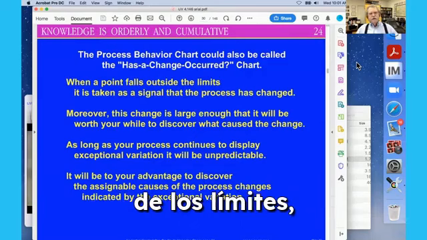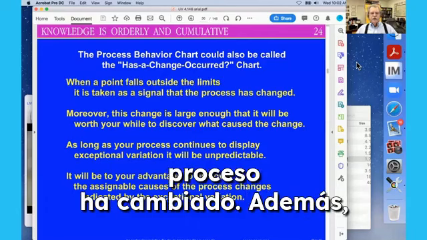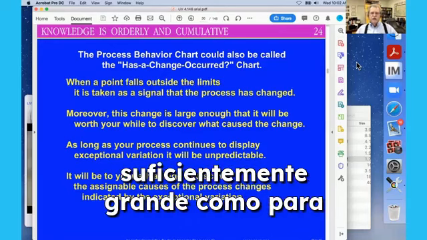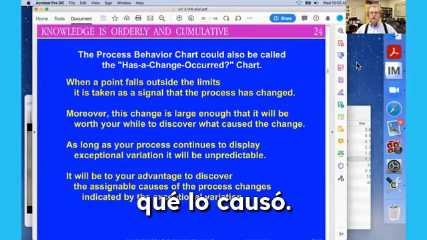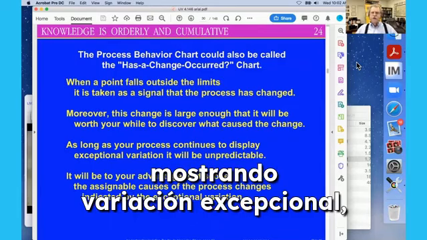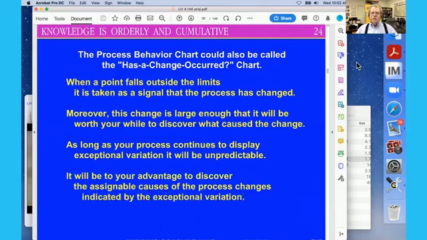When a point falls outside the limits, it is taken as a signal that the process has changed. Moreover, this change is large enough that it will be worth your while to discover what caused the change. As long as your process continues to display exceptional variation, it will be unpredictable.